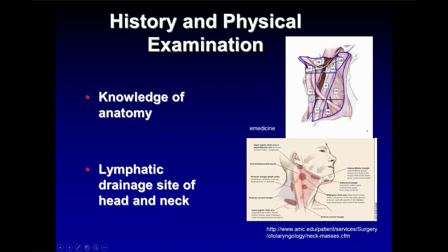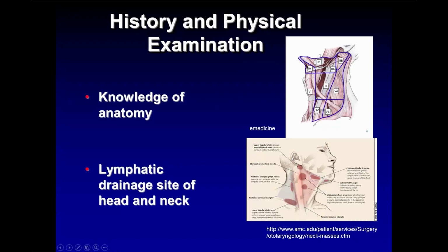Level 4 is inferior to the cricoid cartilage and superior to the clavicle, and again, anterior to the posterior aspect of the sternocleidomastoid and posterior to the strap musculature. Level 5 is demarcated by the sternocleidomastoid anteriorly and the trapezius posteriorly. And levels A and B of 5 are typically demarcated by the omohyoid muscle.